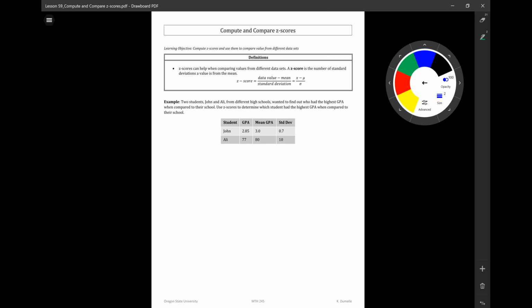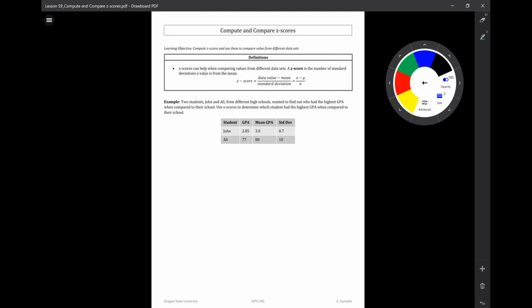So let's do some examples to see how z-scores can help us compare data sets. Two students, John and Allie from different high schools, wanted to find out who had the highest GPA when compared to their school. Use z-scores to determine which student had the highest GPA when compared to their school. We can see here that John's school uses a 4-point GPA scale and Allie's school uses a 100-point GPA scale.